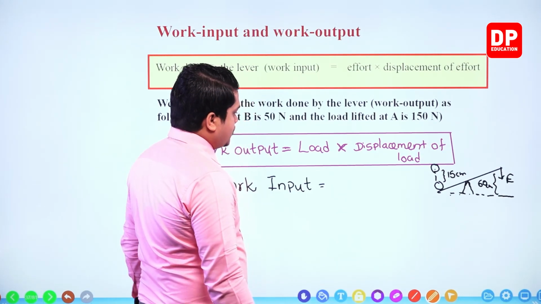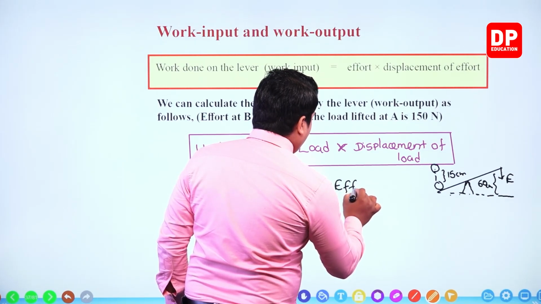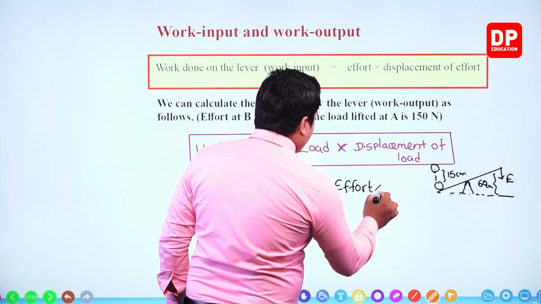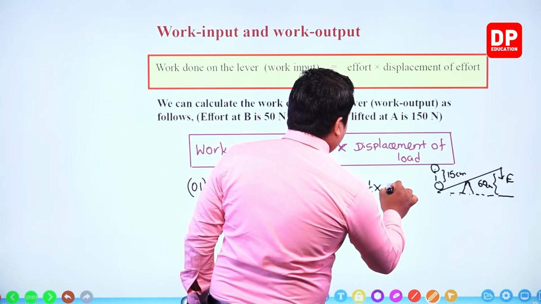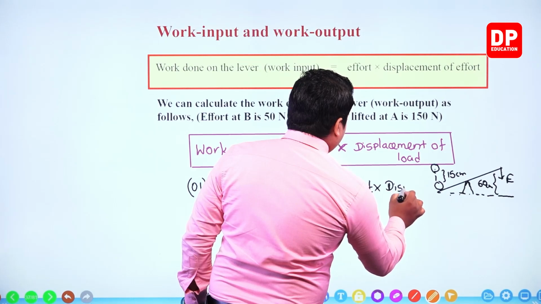Work input. So work input is equal to effort multiplication displacement.